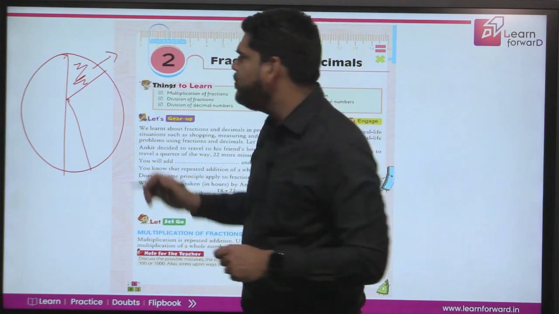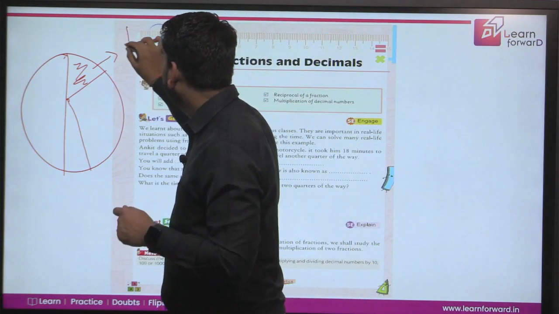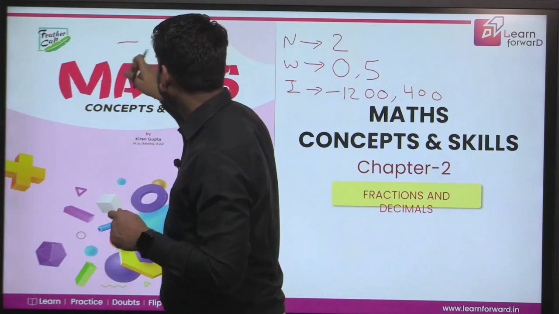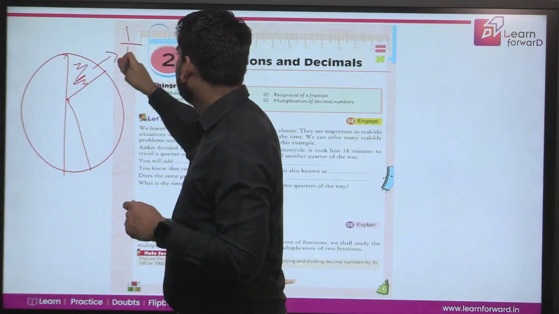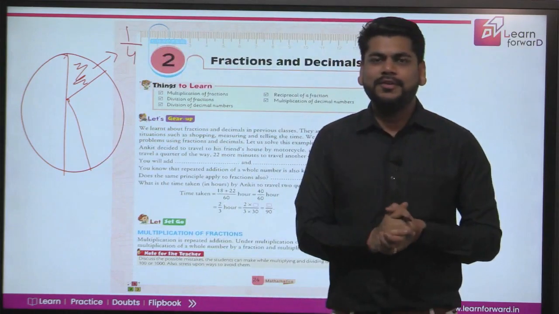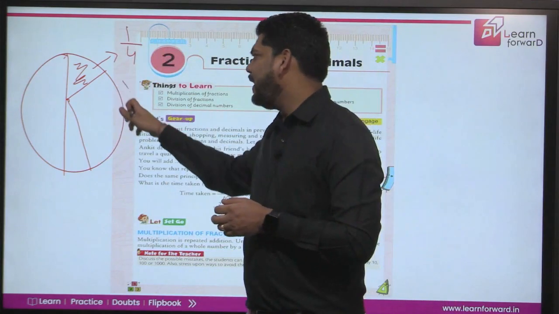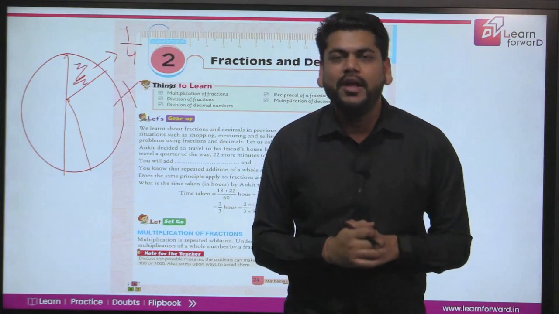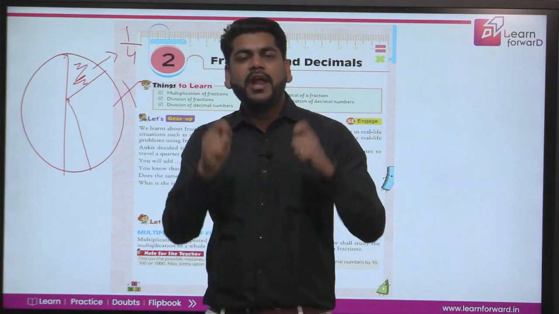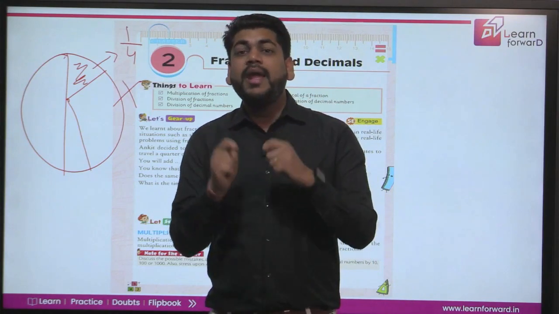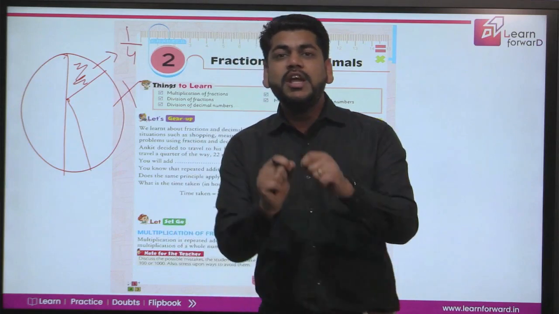How many of you have written 1 upon 4? Your answer is incorrect. This is not the correct answer. Why? Because fraction can only be calculated when anything is divided into equal parts.